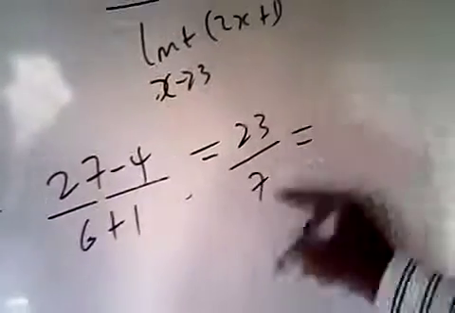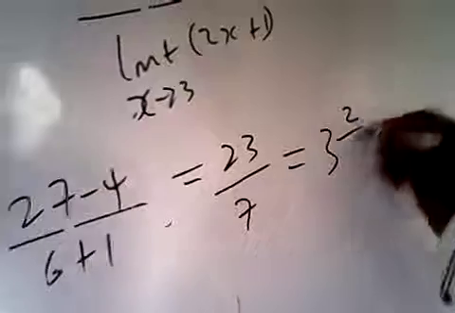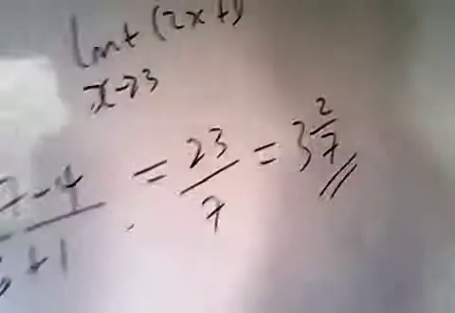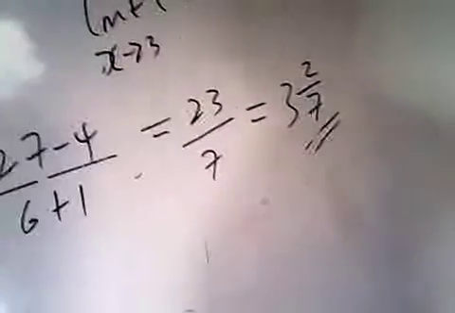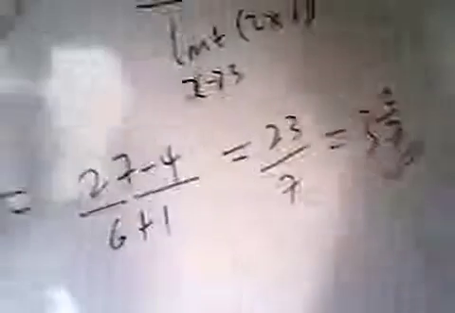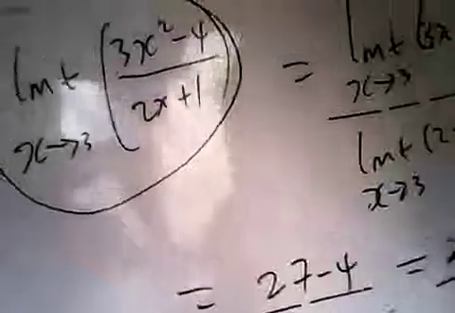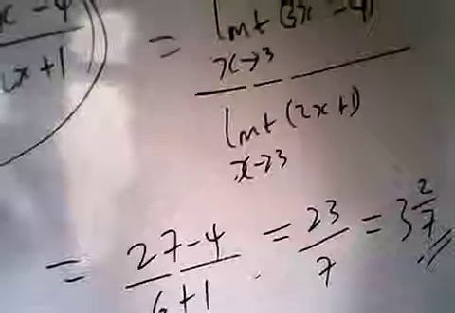We can simplify as 3 2 over 7. So that is the limit of this function. We arrive at 23 over 7, which is an improper fraction, and can be further simplified to a mixed fraction.